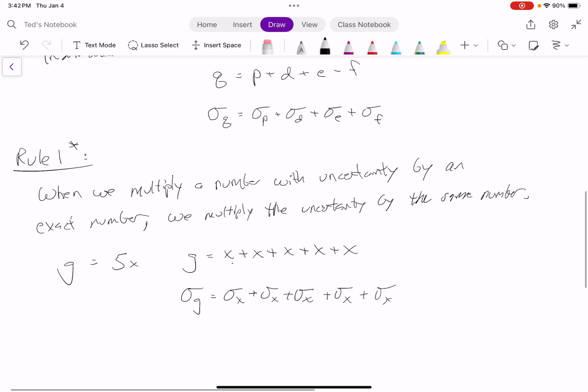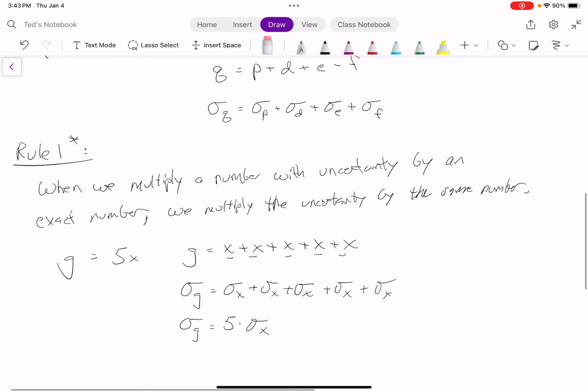Notice each of the things I added together, I had to add the uncertainties of all of them. So that means that the uncertainty in g is equal to 5 times the uncertainty in x. And notice, if g was equal to 5x, then the uncertainty in g was equal to 5 times the uncertainty in x.